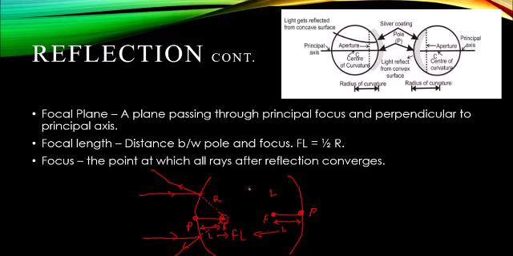Here when the light is coming from this direction, it will move towards the focus, converging. This point is known as F. So students, these are some important terms which we will use further in our chapter while studying reflection in both the mirrors.